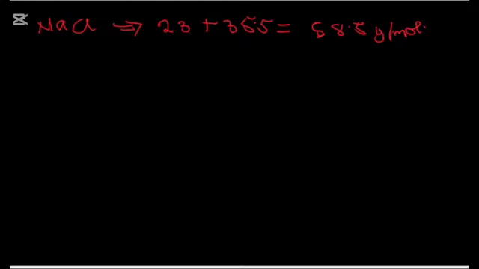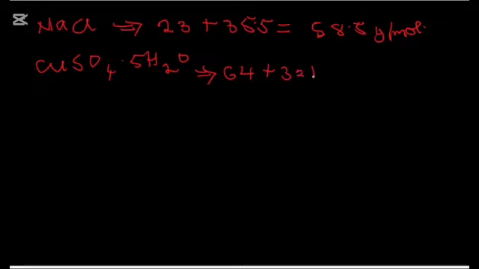The third one is CuSO4.5H2O. For this, we have 64 plus 32 plus 16 times 4, plus 5 into bracket, for H2O, that's 1 times 2 plus 16.